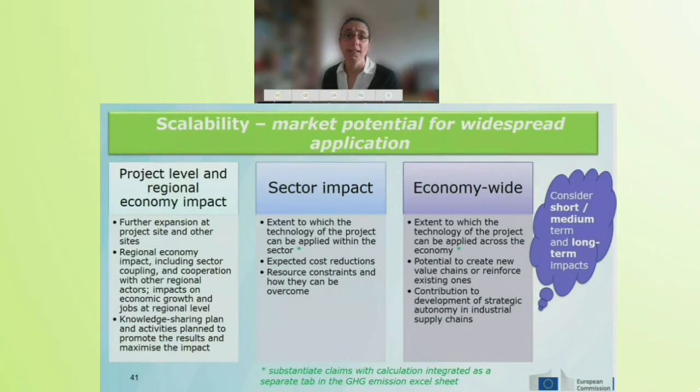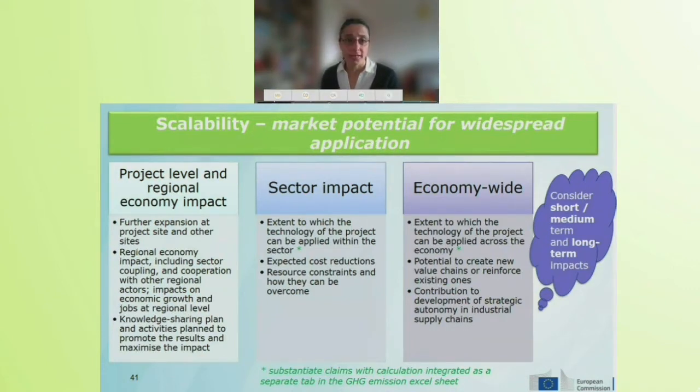The first one is the scalability at the project level and the regional economy impact. This sub-criterion is perhaps the easiest for projects because here you have the chance to explain how the project can expand, first and foremost on the project site or on other sites of the company, for example. Then you know what is happening at the regional level.